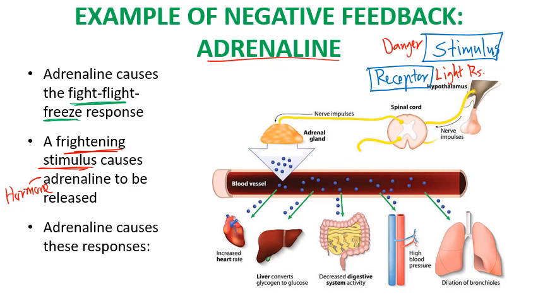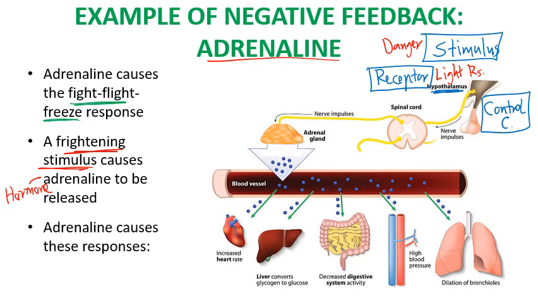And then the control center is the brain, and you can see here it's the hypothalamus. And then that sends some messages through the nerves, through the spinal cord to the adrenal glands. So all of this is essentially the control center.